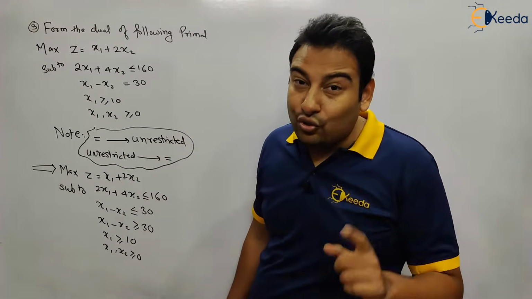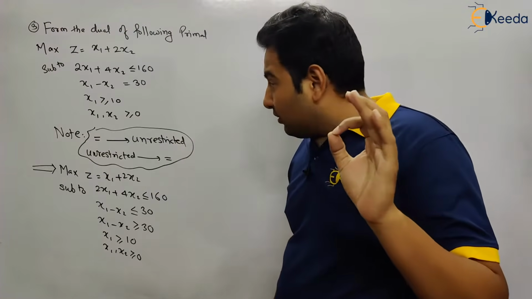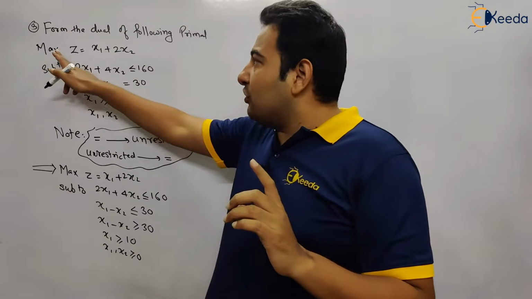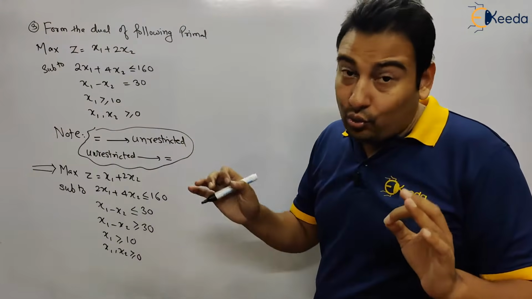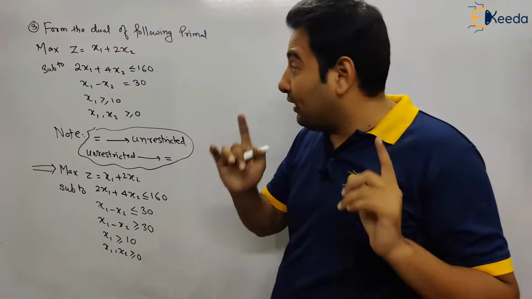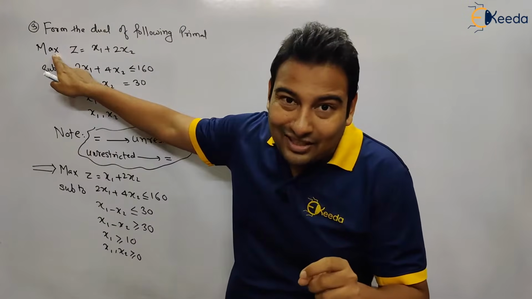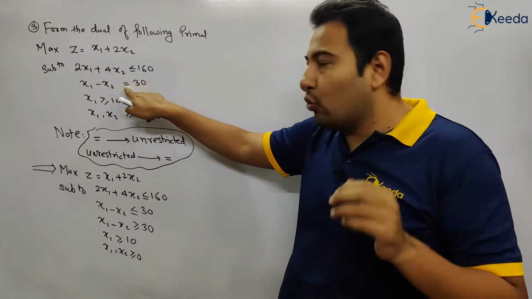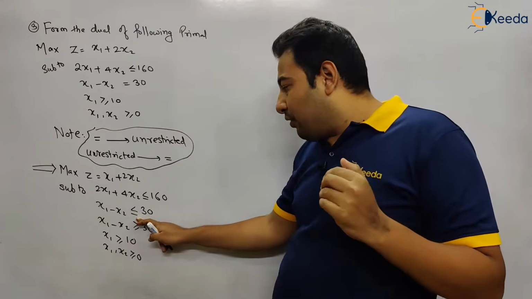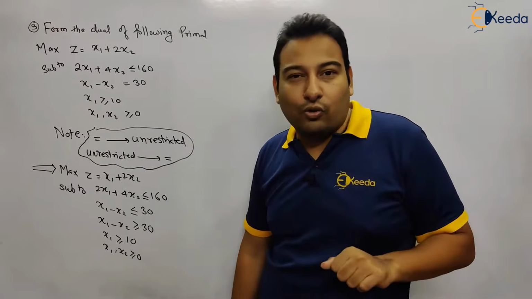And the answer is no. Let me tell you, if the problem is of maximization type, you have to make a note of it, it's very important. If the problem is of maximization type, whenever we get equal to, first we'll write less than equal to and then we write greater than equal to.